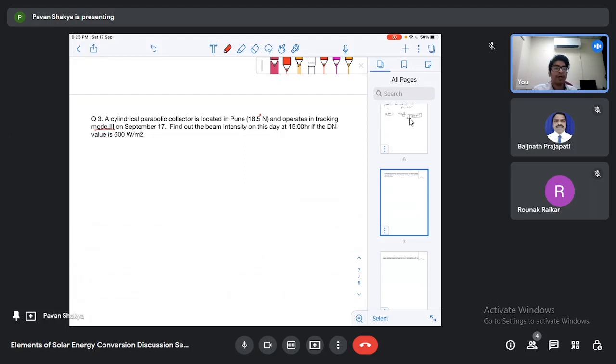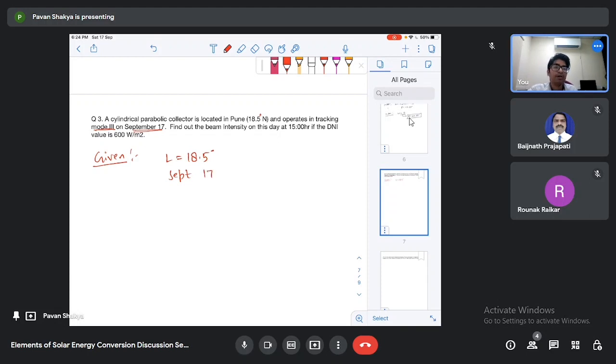Find out the beam intensity on this day at 15 hour if the DNI value is given. So we will see what data are given in the problem. The latitude is given as 18.5 degree. Next, the day is given in the problem, that is 17 September.